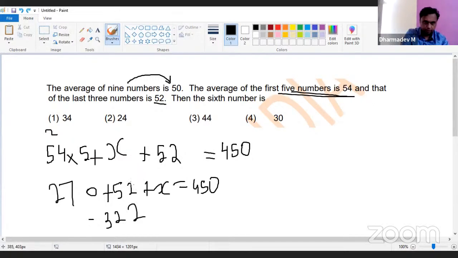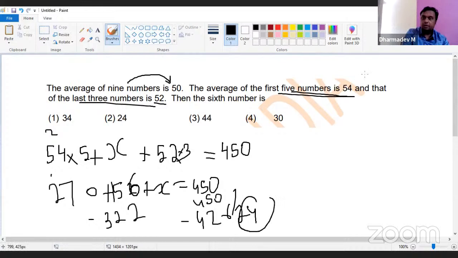If it is given as sum, then I'll take directly 52. Okay, so this is 156. So 270 plus 156 is 426, minus 450.